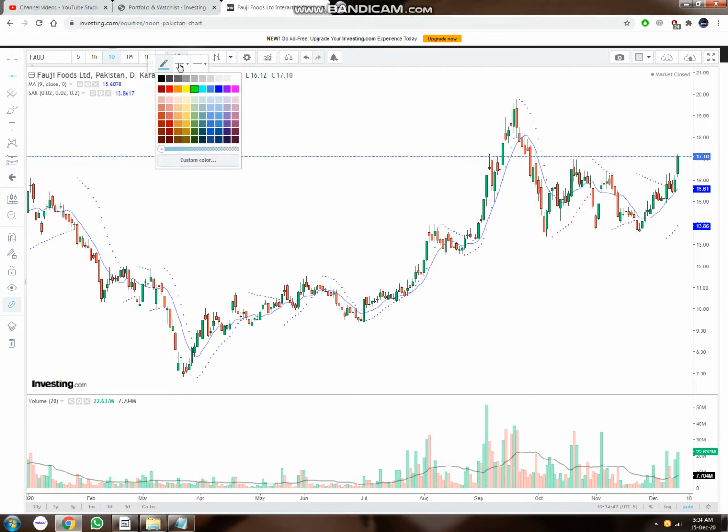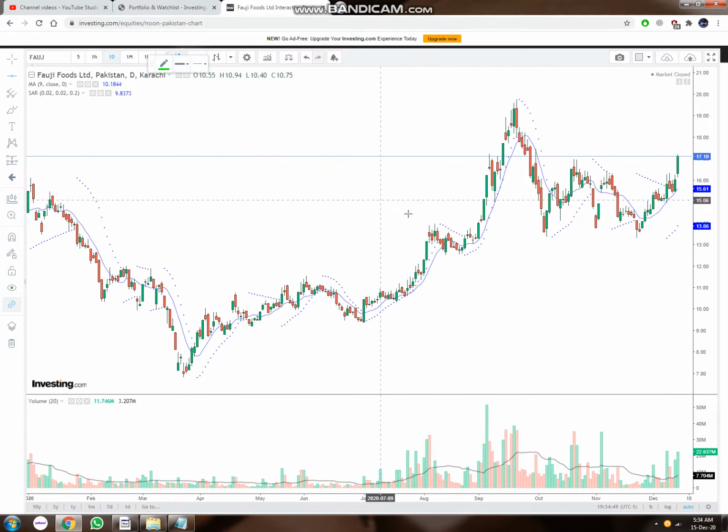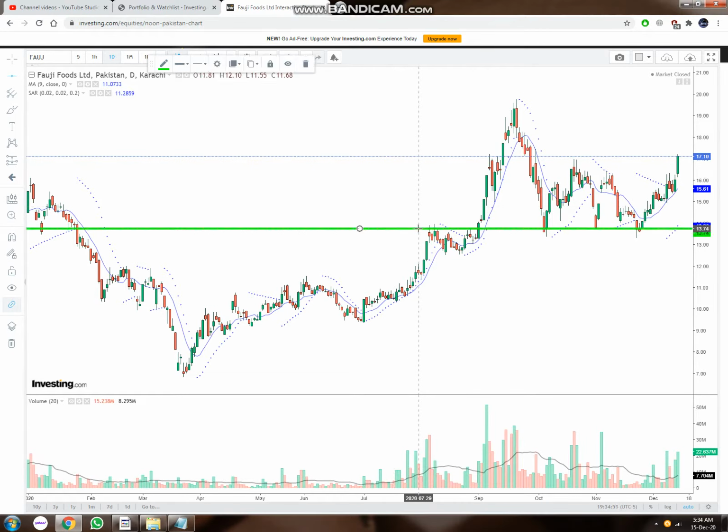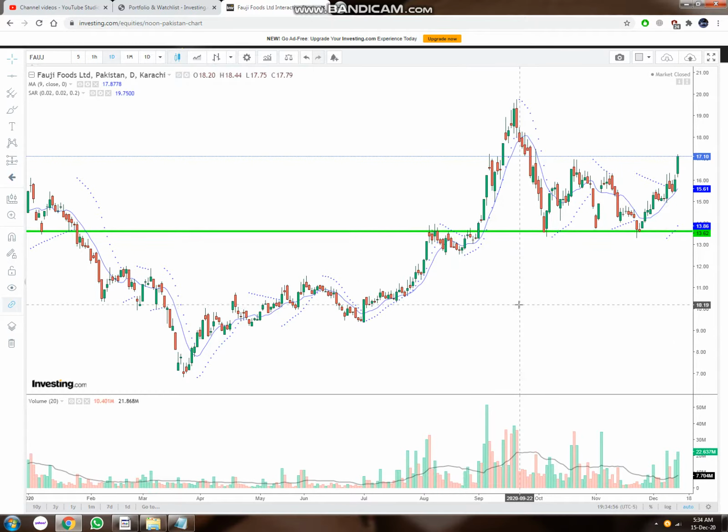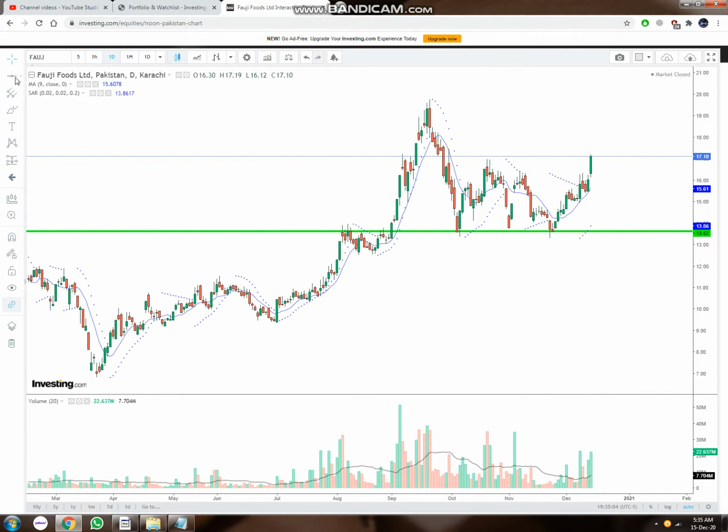I'm going to make it green. Now you can see here, this is a great area of support level. This one over here, this is a great area of support level. Over here it was resistance, over here it's a great support level, and this one over here is an area of resistance level.